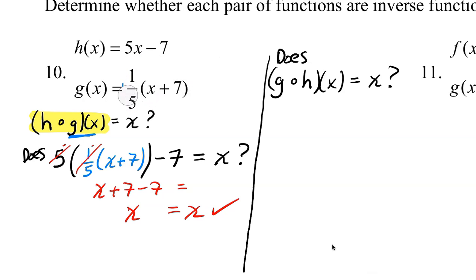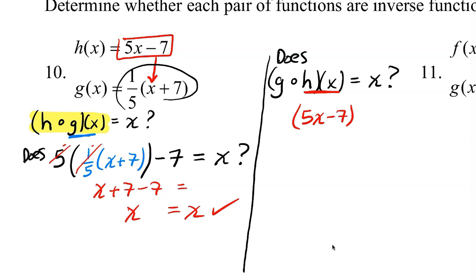Again, we start closest to the x, so we're going to take this function first and plug that into the other function. Here's my h of x function, and I'm going to plug that into this function, which is 1/5 times that plus 7. And does that equal x is what we're wondering.